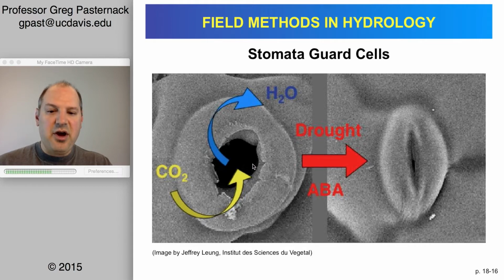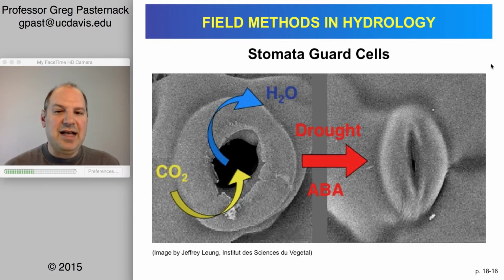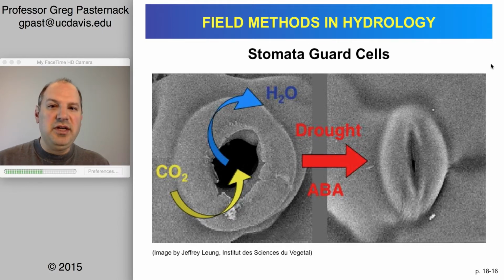So you can see how there are these air pockets residing inside, and the plant has the ability to open and close to prevent that. Like if there's a drought, the tree is going to try as hard as it can to hold on to its water and make that opening smaller.